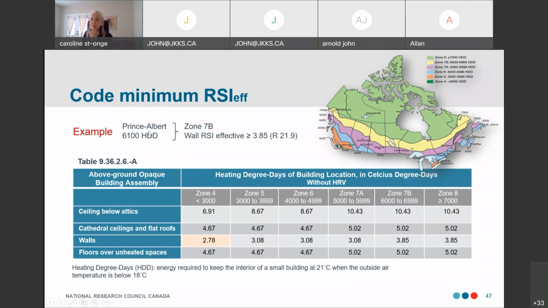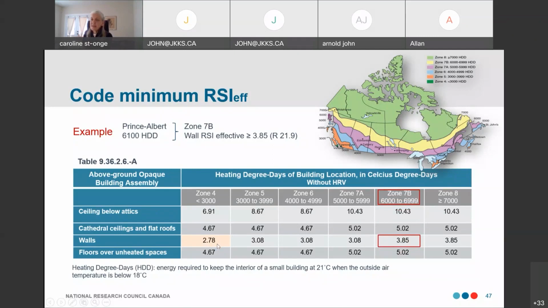So if you want to build that design in Prince Albert, for example, where the heating degree days are 6,100, then this is limited to zone 7B, and under zone 7B the minimum RSI effective of the wall must be 3.85. So we got 2.78 from that assembly.